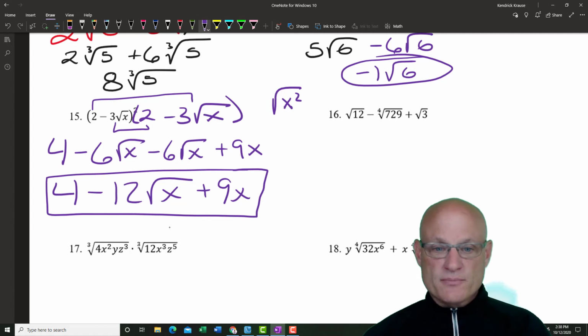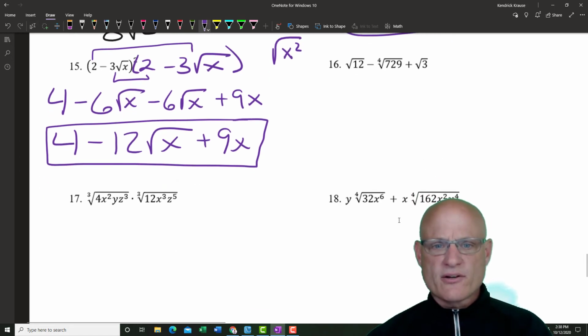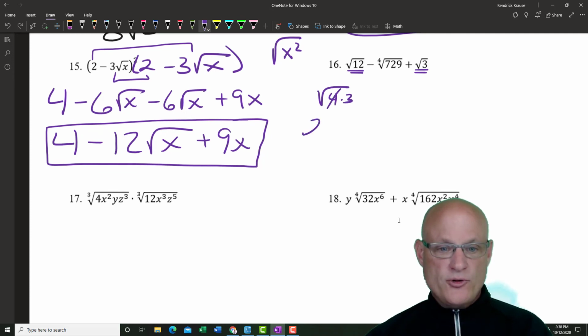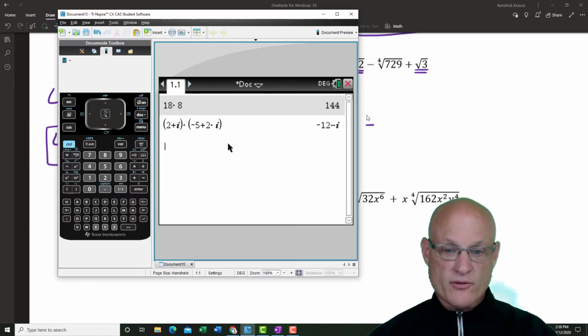All right, let's deal with this one. Now, I'm hoping that these all, oh, what the heck's going on? This is a fourth root. I'm hoping I'm going to put those two together. Square root of 4 times 3, so this becomes 2 square roots of 3 minus, well, what it is, I think 729 is on our fourth list, right?